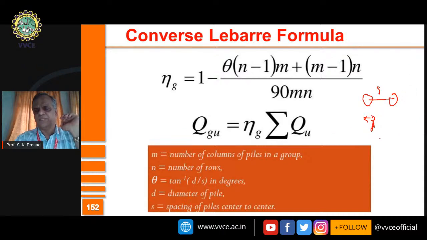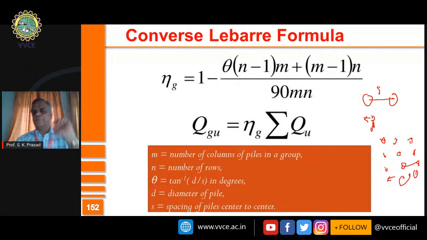So for instance, if you have 1 pile here, 2 pile here, 3 piles, 1, 2, 3, and there are maybe 4 rows, then number of piles in a row M is equal to 3, and number of rows N is equal to 4.